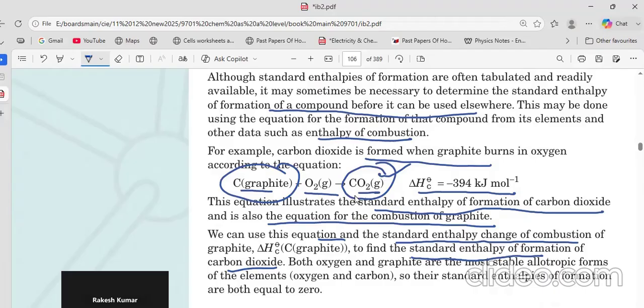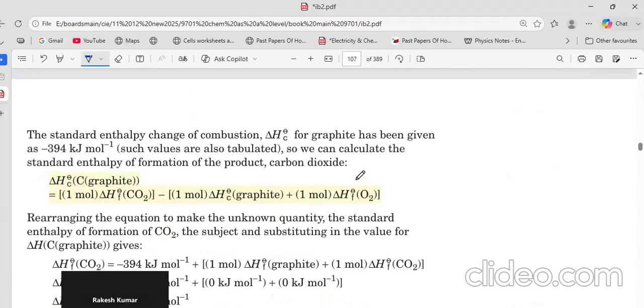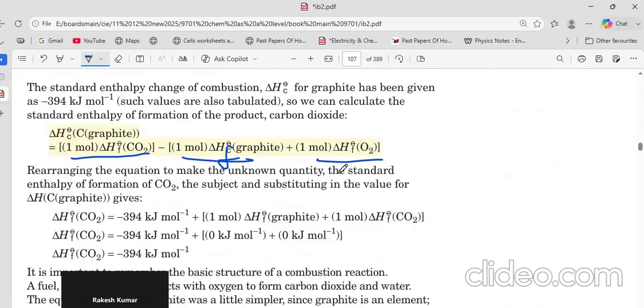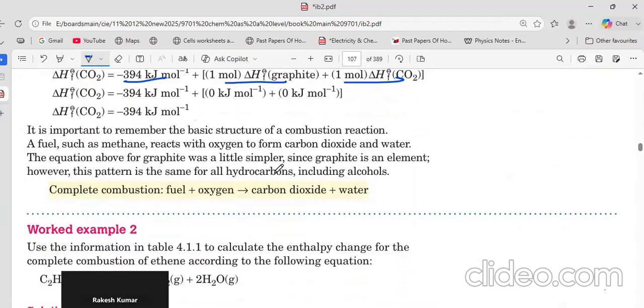Well, we know this is combustion. Combustion is equal to 1 mole of formation, 1 mole of this. The enthalpy of formation of graphite is zero and oxygen is also zero. This we want to calculate, so we take it to the other side. This is minus 394, so the formation we got is minus 394.